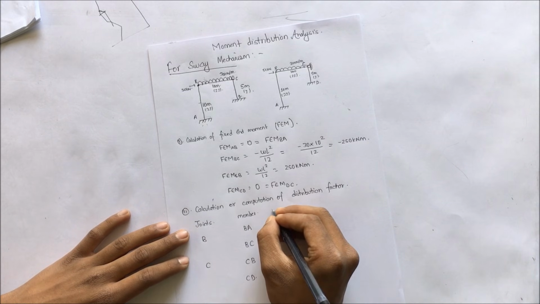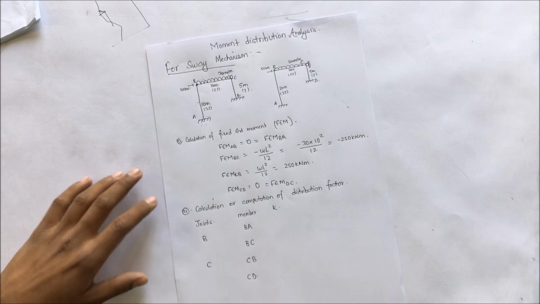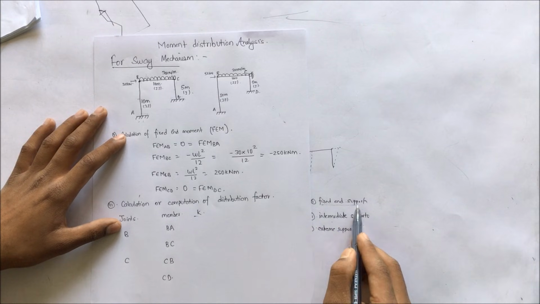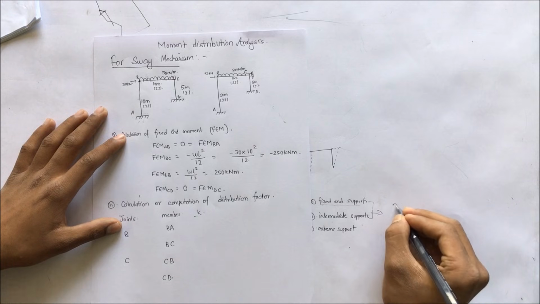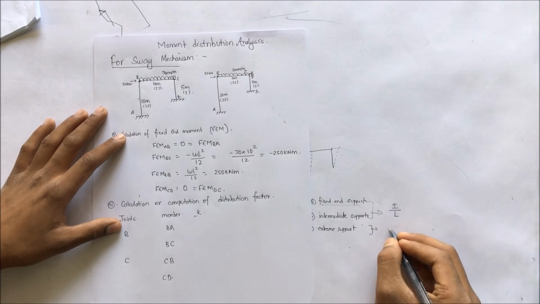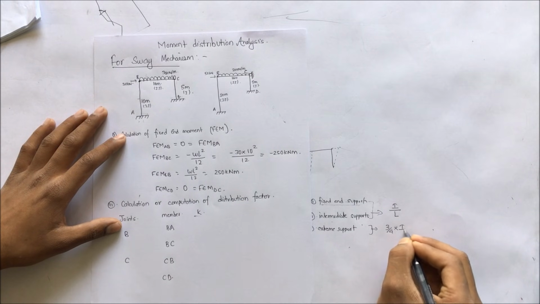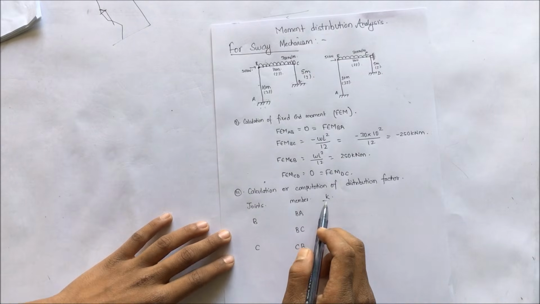We'll calculate stiffness K for each member, relative stiffness. For fixed end support and intermediate support, it is equal to I by L, and for extreme support internal hinge it is equal to 3 by 4 I by L.